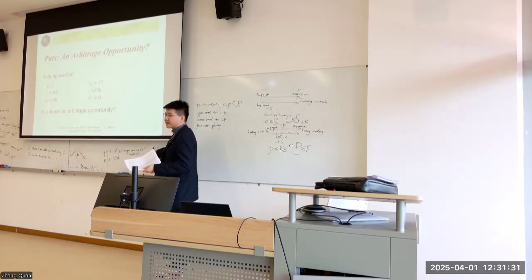The first scenario is that ST is larger than K, and the portfolio B is much smaller. So what is the payout? I'm not talking about the call. The payout is the stock. Eventually, the value of this stock is what?